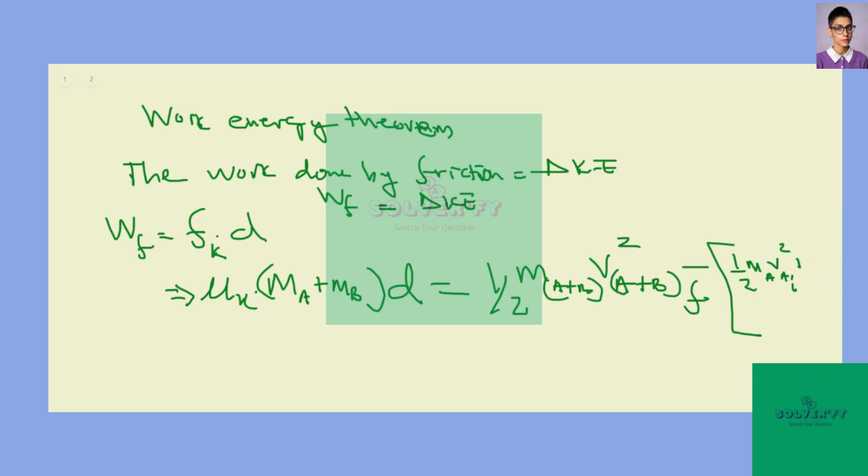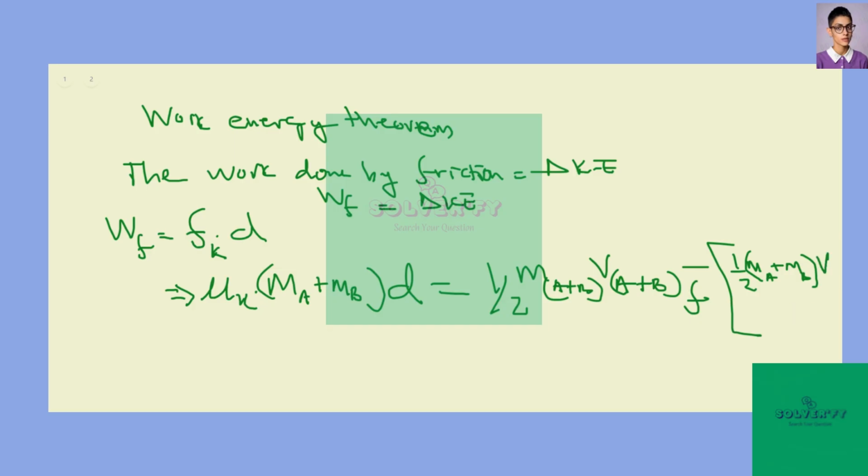And that has to do with the right there. So this is minus (ma plus mb), and the final velocity, the initial velocity before they stop.